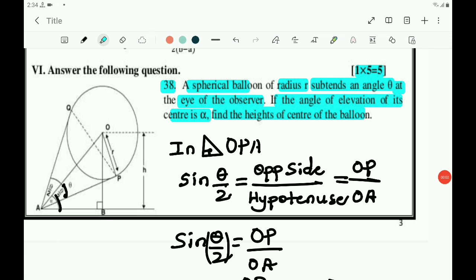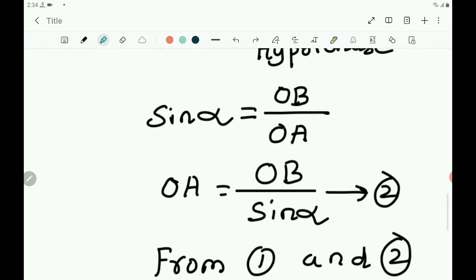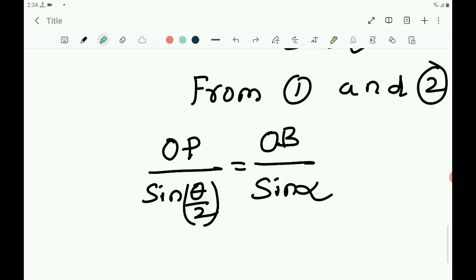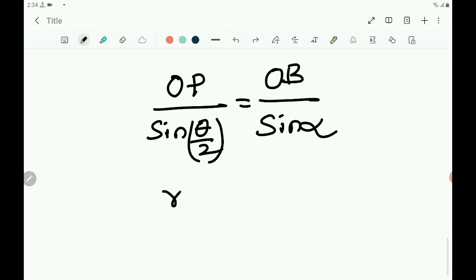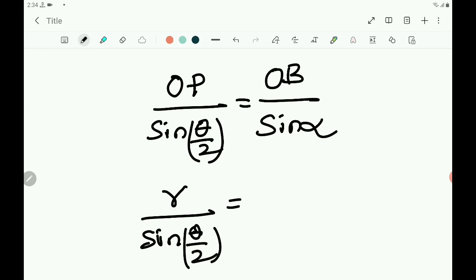Here OP is the radius R, and OB is the height H. So in the place of OP let us write R, and in the place of OB let us write H. That is R by sin theta by 2 equals H by sin alpha.